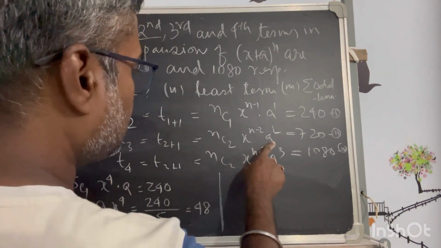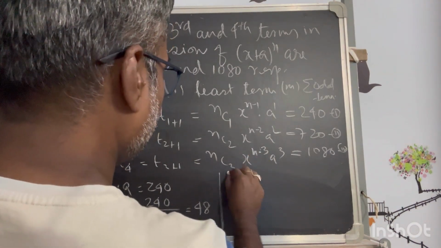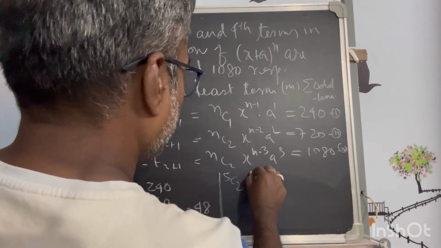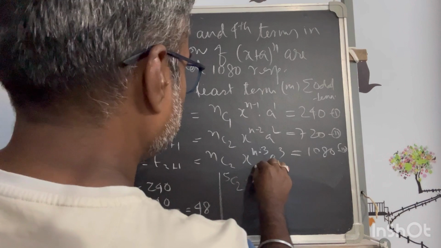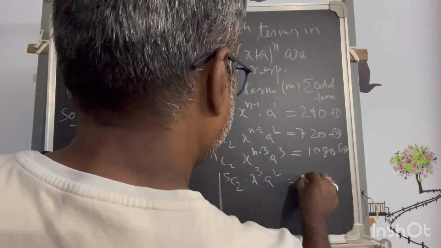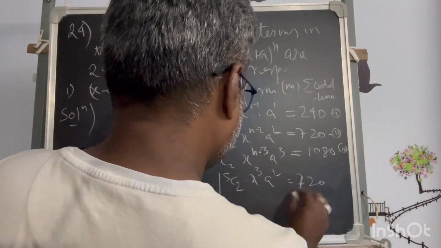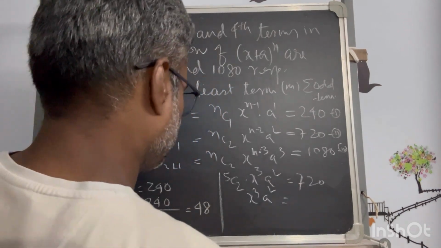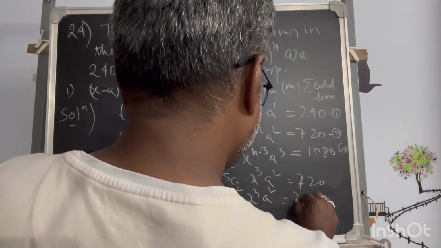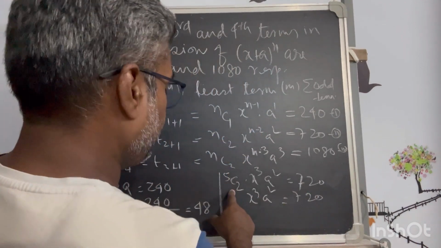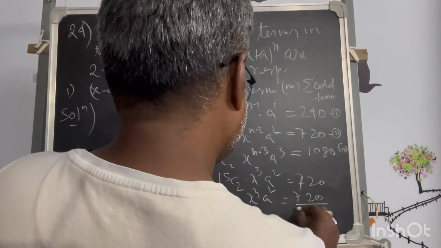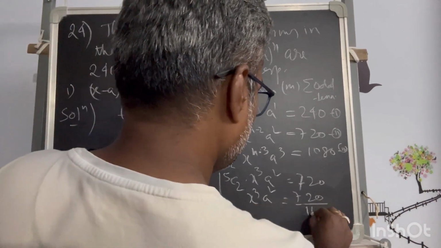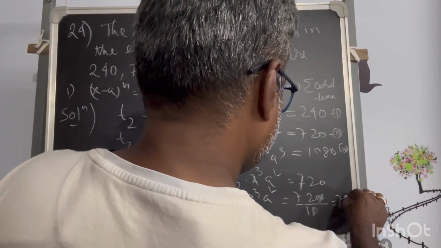And the other one, if you put n is equal to 5, it will give 5C2 x to the power 5 minus 2, x cube a square is equal to 720. So that is equal to x cube a square is equal to 720 divided by 5 into 4, 20 by 2, that is equal to 10, so this is equal to 72.